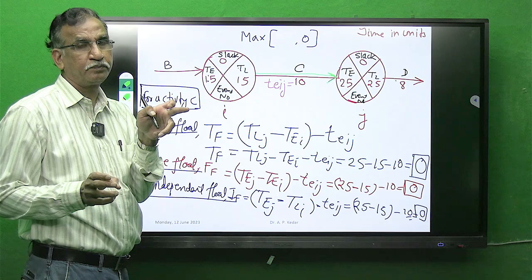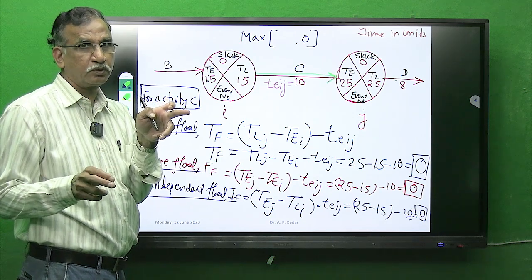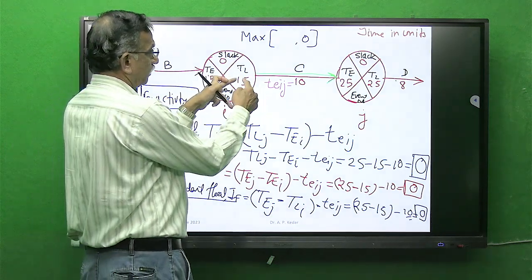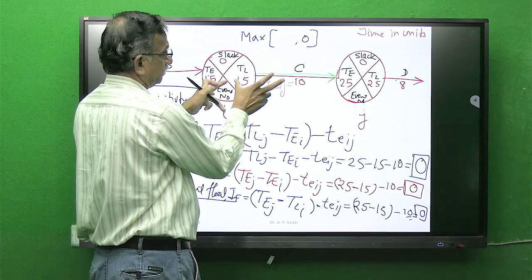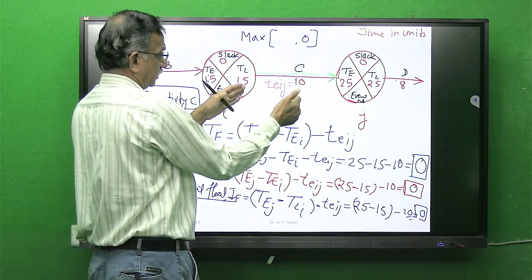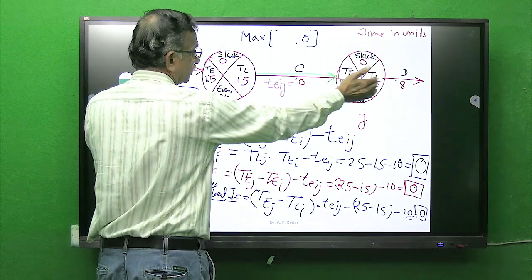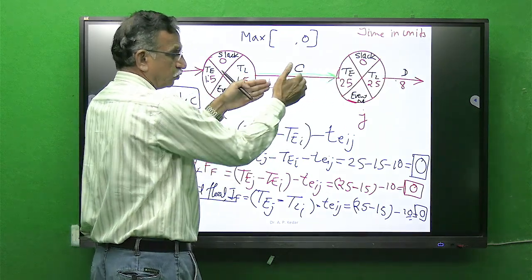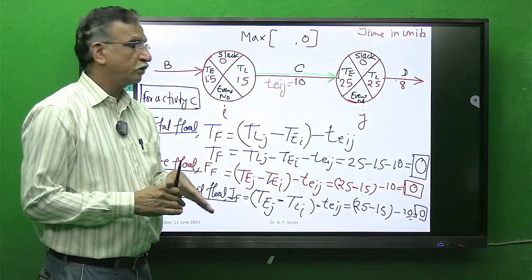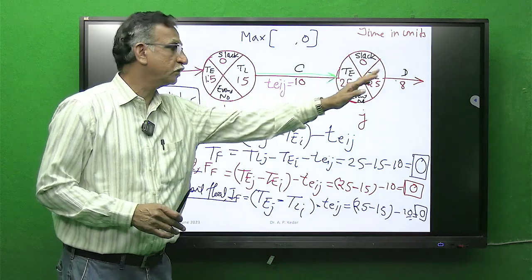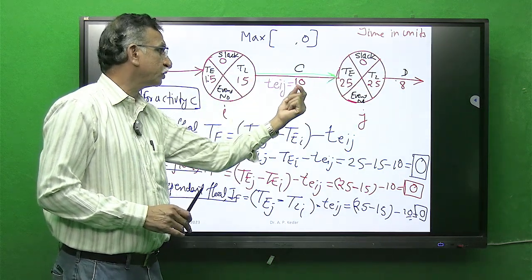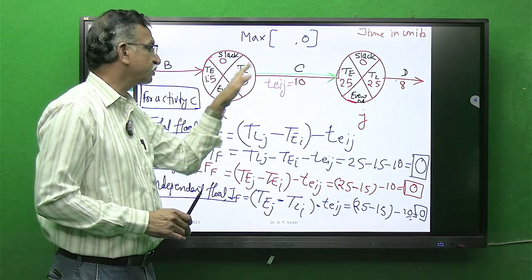For the third type, that is independent float, the gap of this and this, meaning which are closer to each other. For the first, you can remember the farther location, for the third the closer location, and for the second, free float, the first location.